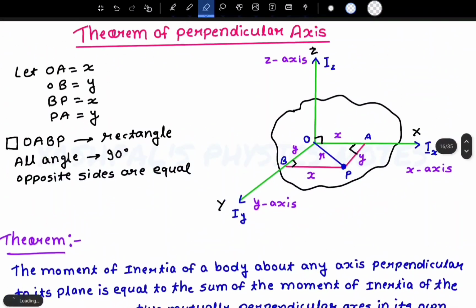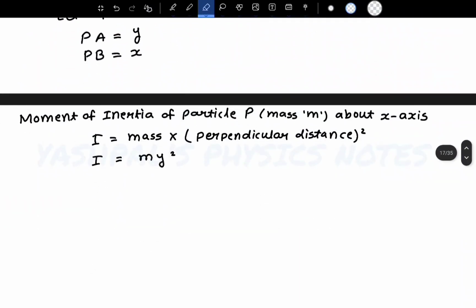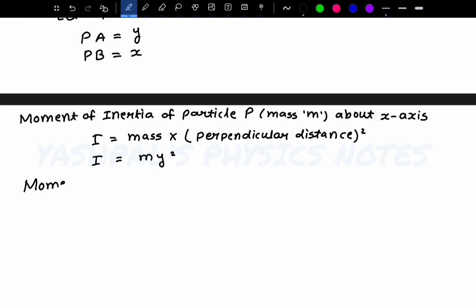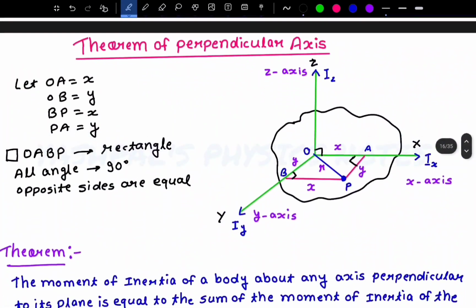From the figure, this is the y-axis and BP is perpendicular to it. So the moment of inertia of particle P about the y-axis will be, with the same formula, mass into perpendicular distance squared. The mass at point P is small m, and the line perpendicular to the y-axis is BP, whose value is x.